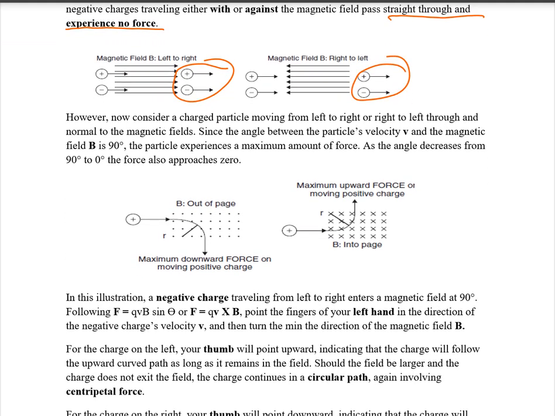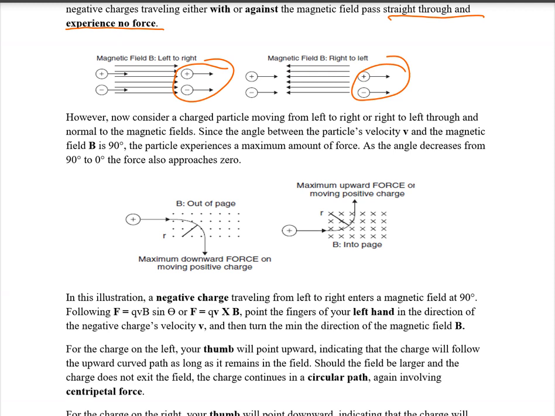However, now consider a charged particle moving left to right or right to left, normal to the magnetic field. That means making 90 degrees. If it is a positive charge, and the dot is in or out, into or out.